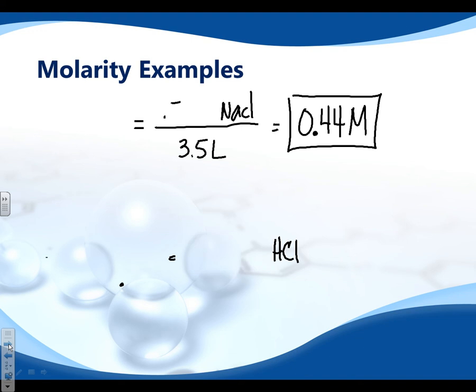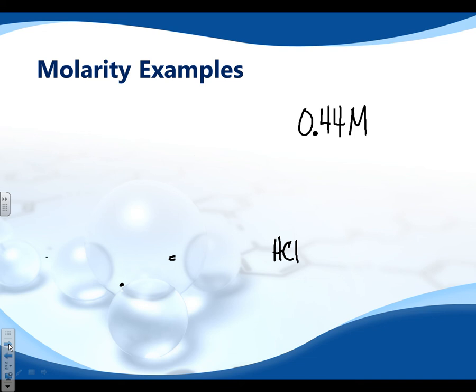So last example there. If 35.8 grams of lithium hydroxide are dissolved in enough water to make 750 milliliters of solution, what is the molar concentration or molarity of that solution?